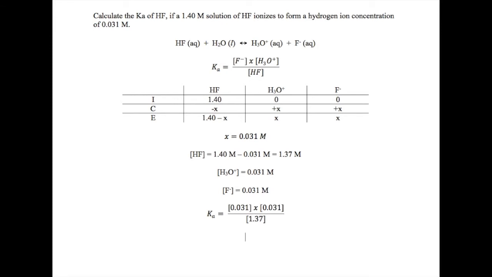Therefore, do not put in the molarities of each of those values into the Ka expression. And there we have it. We divide all those numbers and we get that the Ka equals 7.0 times 10 to the negative fourth.